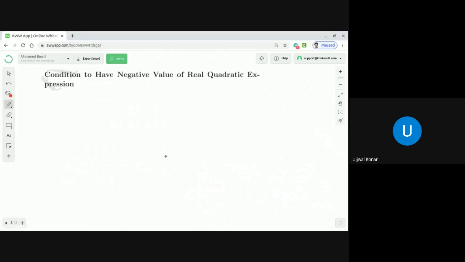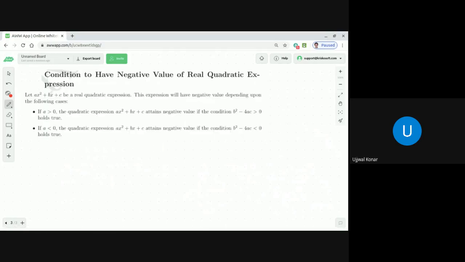This expression will have negative value depending upon the following cases. If a is greater than 0, the quadratic expression ax square plus bx plus c attains negative value if the condition b square minus 4ac greater than 0 holds true. And if a is less than 0, it attains negative value if the condition b square minus 4ac less than 0 holds true.